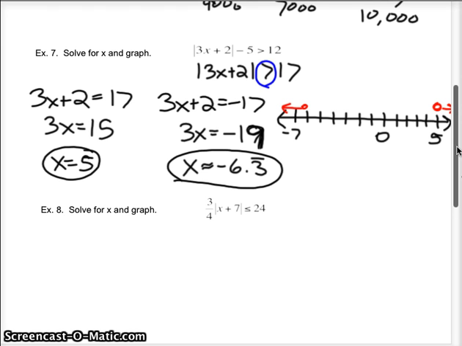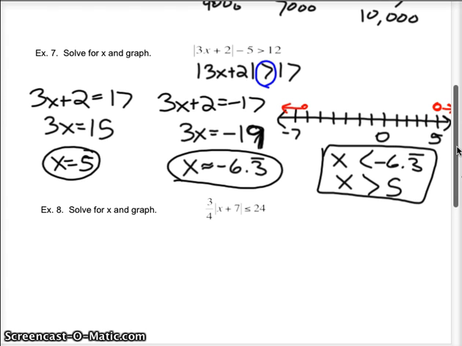Well, that's telling me that my x is less than the negative 6.3 repeating, and it's greater than that 5, all right? So that's what I can get from this. And again, the direction of the inequality tells me if I'm shading the in-between or I'm shading the beyond.